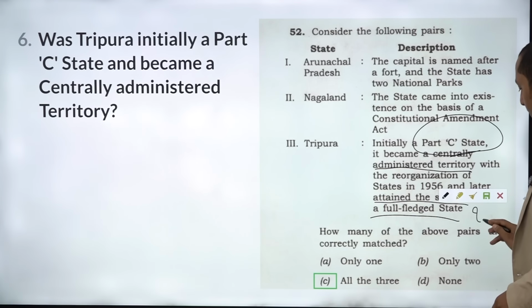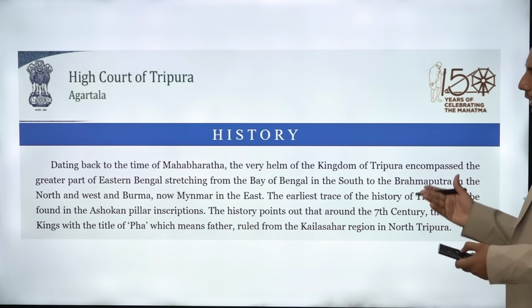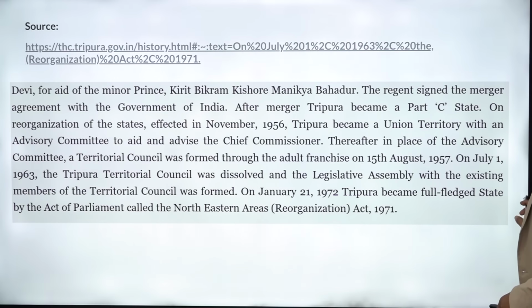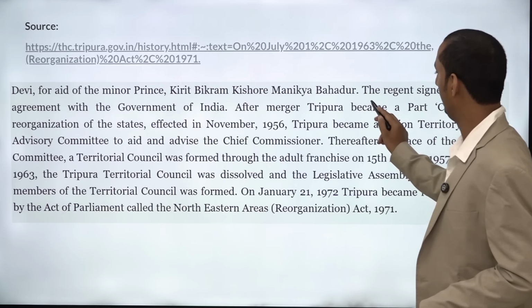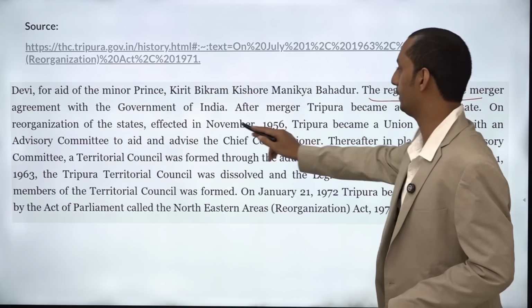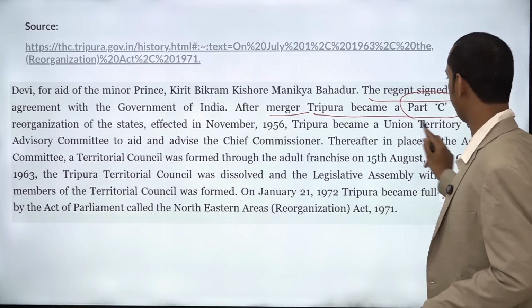So there are 3 facts here. Multiple facts can have the possibility of being wrong in UPSC. But let me tell you, if you read the High Court of Tripura history, it directly mentions that the region signed a merger with the government of India. After the merger, Tripura became a Part C state.